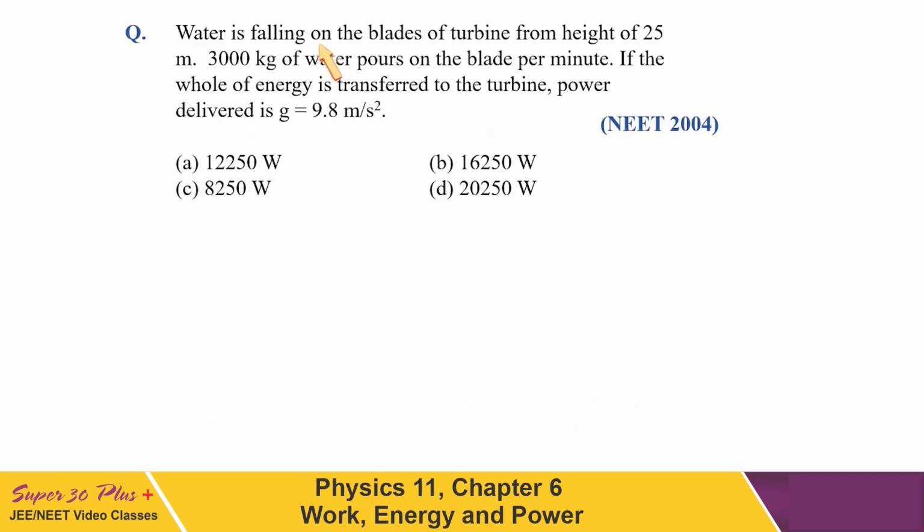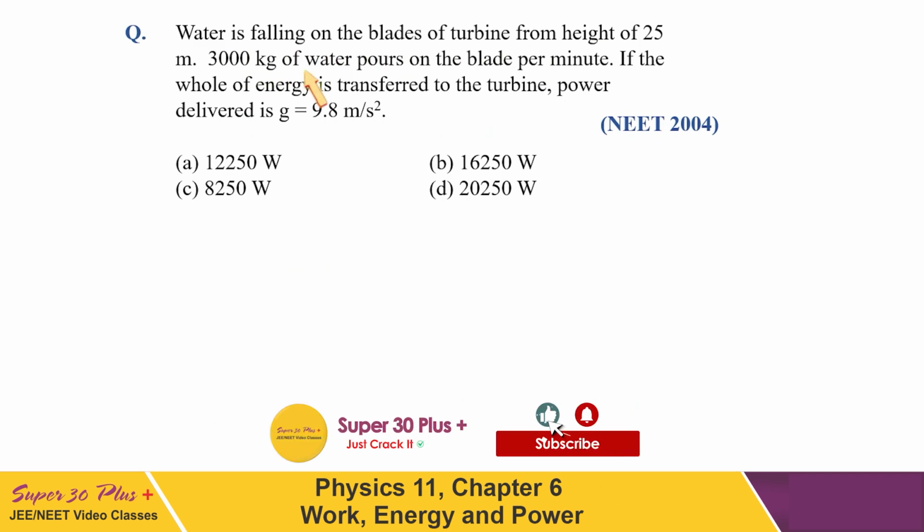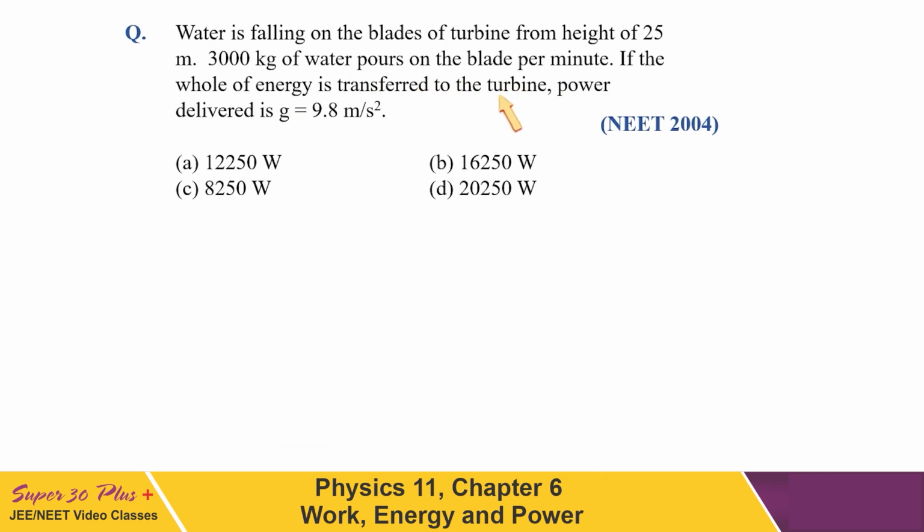Water is falling on the blades of a turbine from a height of 25 meters. 300 kg of water pours on the blade per minute. If the whole of the energy is transferred to the turbine, power delivered is. We have to calculate the power, which can be written as energy per unit time, and since it is falling from some height, this energy can be written as mgh upon time.